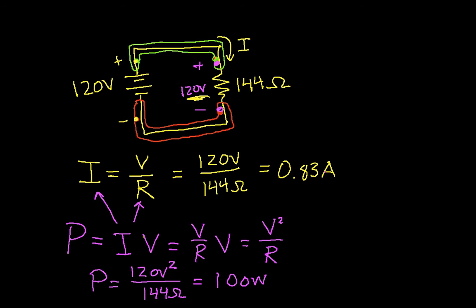Now, this expression here gives me power in terms of the voltage across the resistor. I can also find power in terms of the current through the resistor.